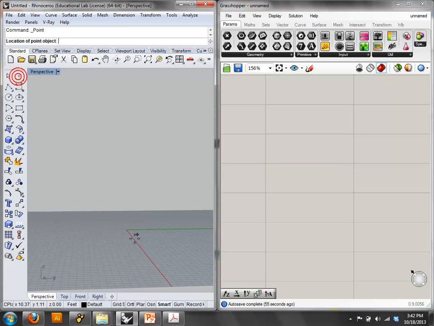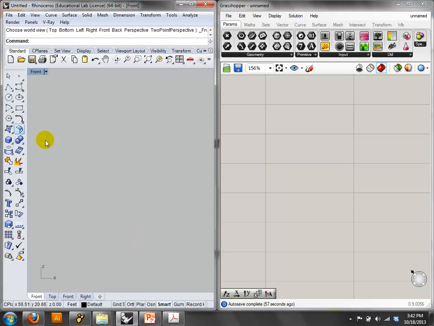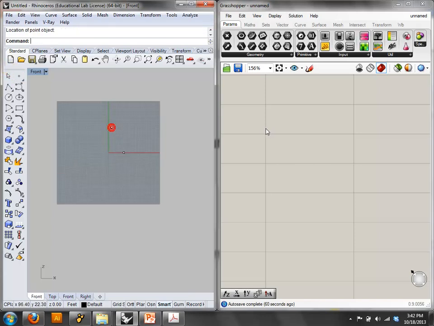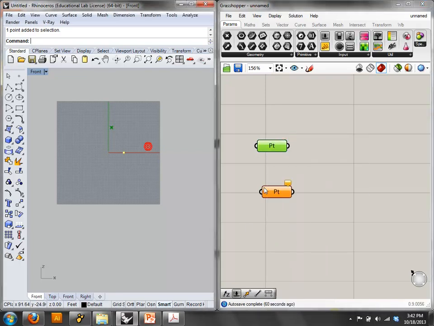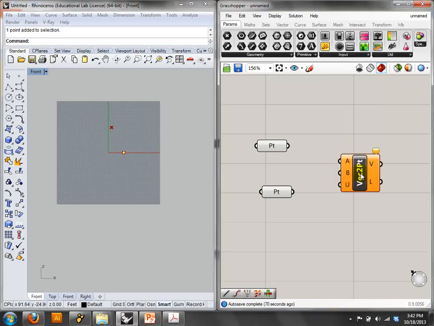So if I make a point, and I make another point, I'm going to go ahead and reference that. There's actually a vector from 2 points. So A and B will produce a vector.